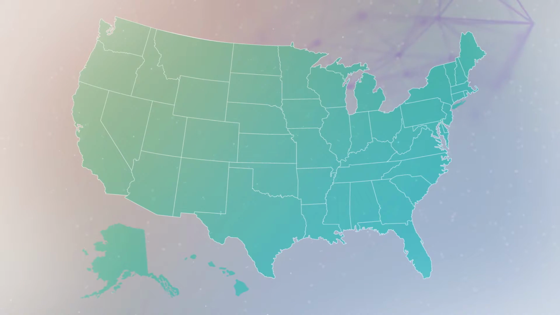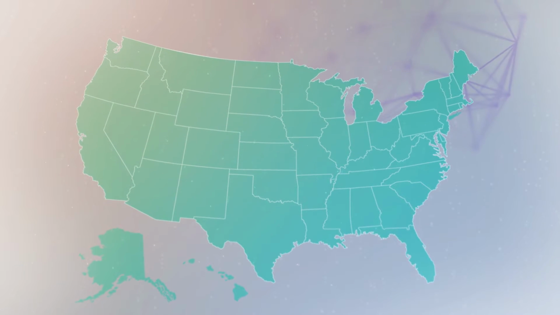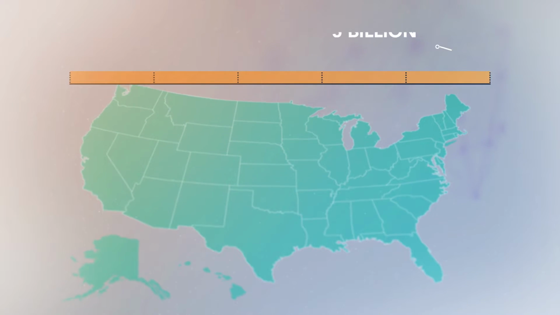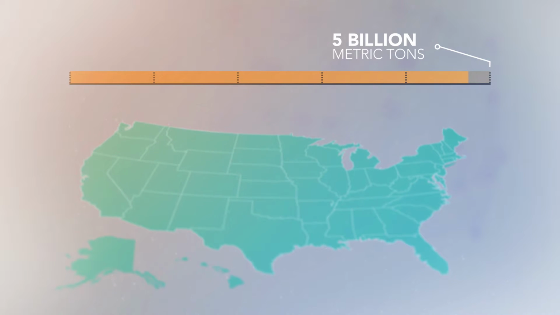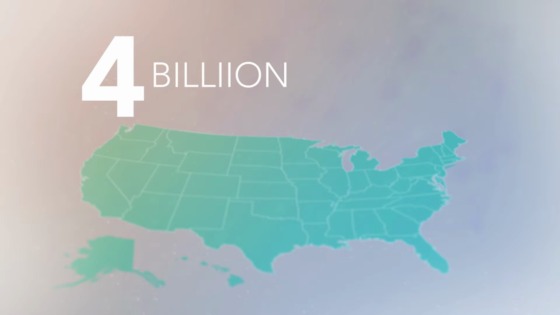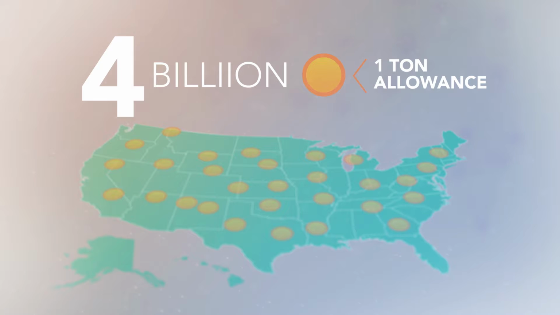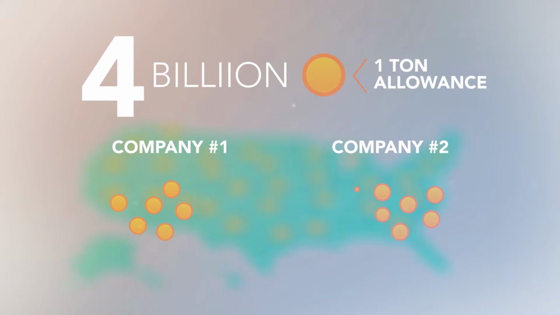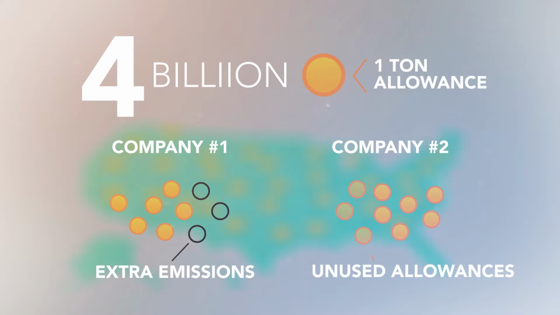For example, if the U.S. wanted to reduce its total annual emissions from 5 billion metric tons to 4 billion metric tons, it could allocate 4 billion one-ton allowances across the market segments that produce emissions. A carbon market is then created for these allowances, where producers who over-emit can buy additional allowances from the producers who are able to make significant reductions in their emissions.